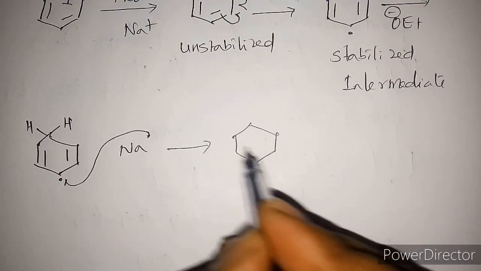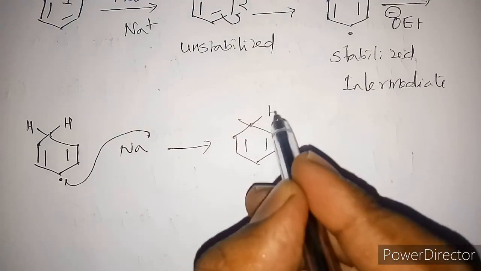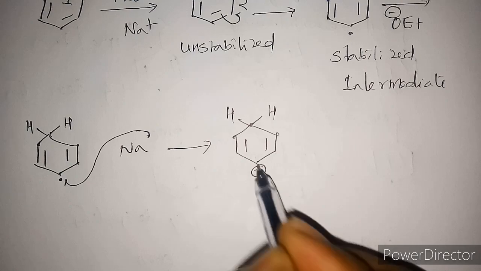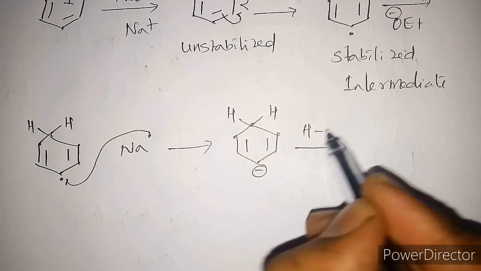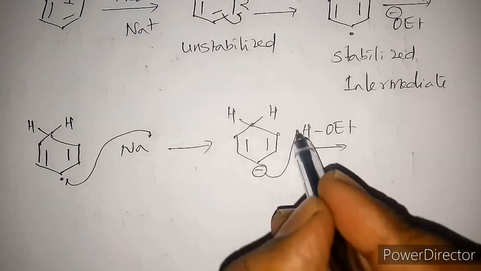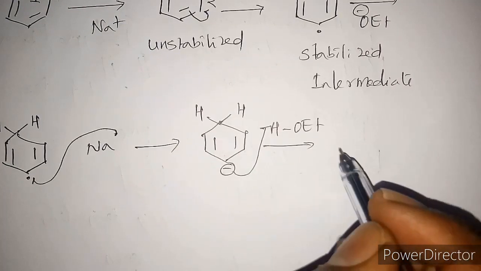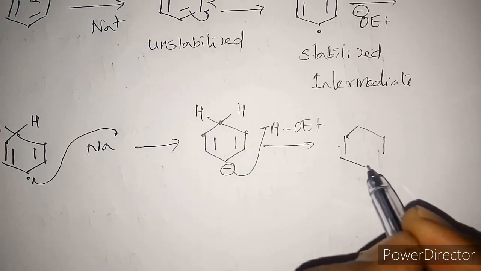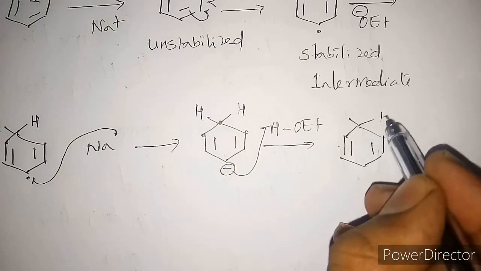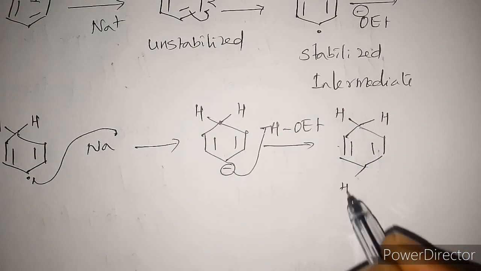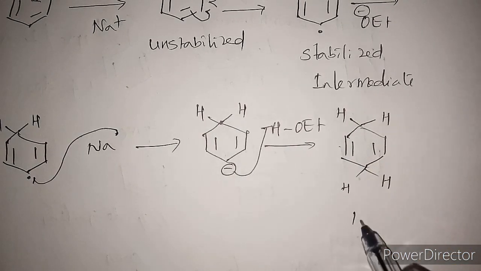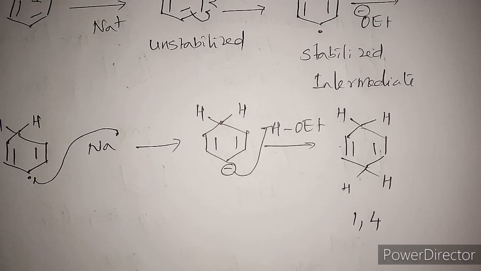That creates a negative charge again. That negative charge takes H from the ethanol. So we will get H. So it's a 1,4-cyclohexadiene.